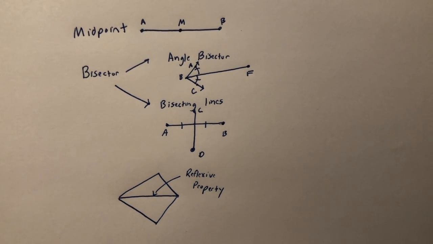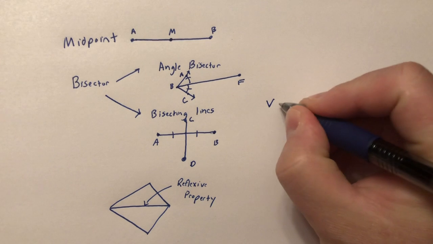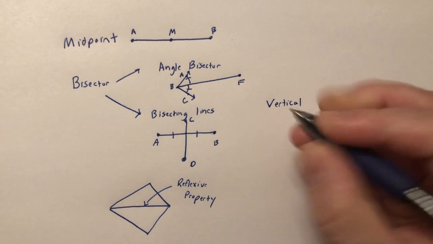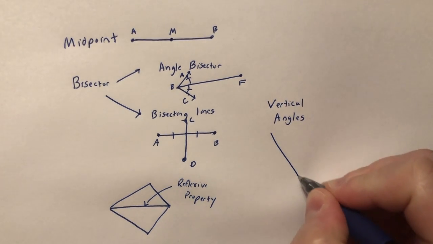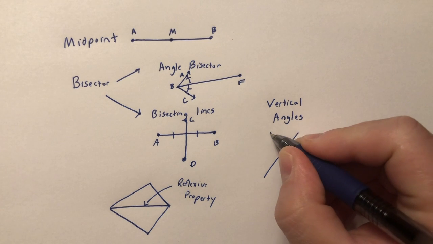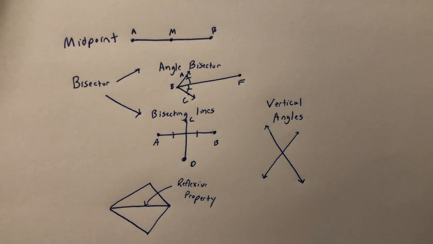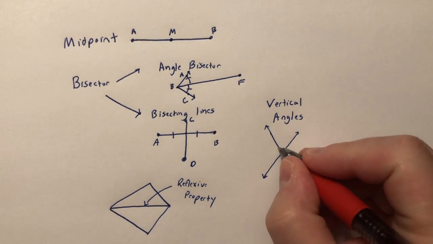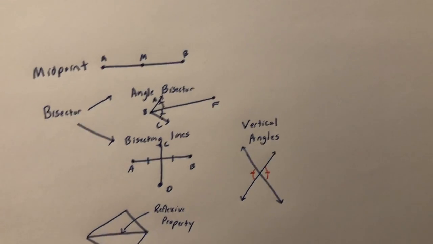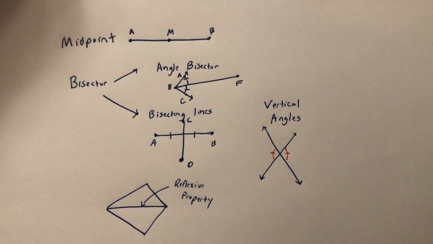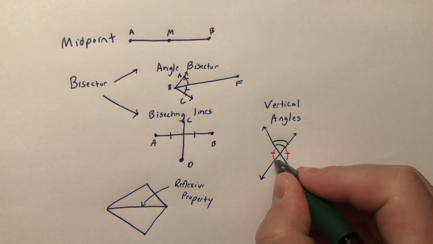And there's one more very important phrase that we need to be aware of. It's called vertical angles. When two lines intersect each other, they create two sets of vertical angles, which means that these two pairs of vertical angles, like this pair of angles, is congruent to this pair of angles.